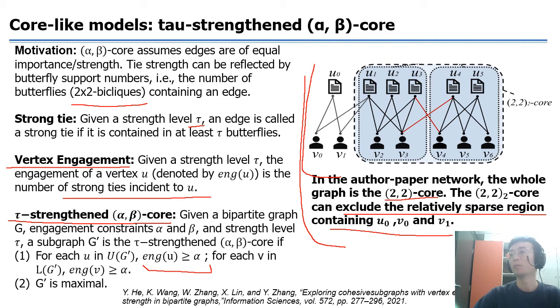For example, in the right figure, the whole graph is a 2-2 core. By using the tau-strengthened model, we can exclude the relatively sparse region containing 3 vertices U0, V0, and V1.